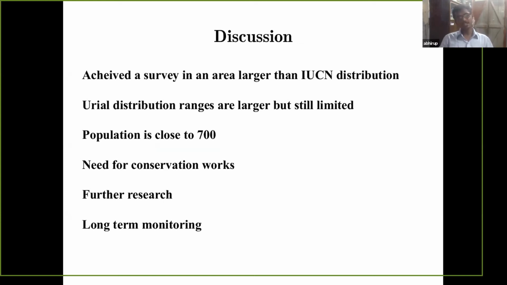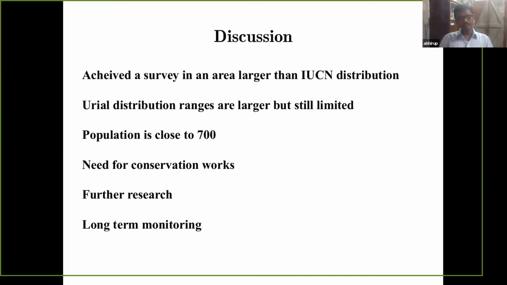So basically the range is still limited. Population is close to 700. There will be a little more than this if we include other parts, but this is really helpful to understand, because this is the prime habitat and it will be a very small departure from the actual truth.